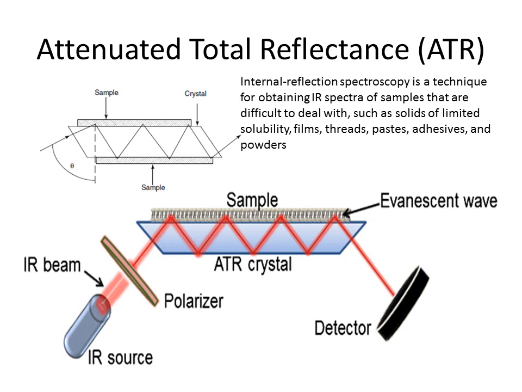Now what happens in ATR is, whenever this light strikes the interface, it penetrates a little bit into the sample. This sample is going to absorb characteristic infrared radiation. So only certain wavelengths are attenuated, meaning they are weakened. Every time it hits the sample, it gets weakened further.